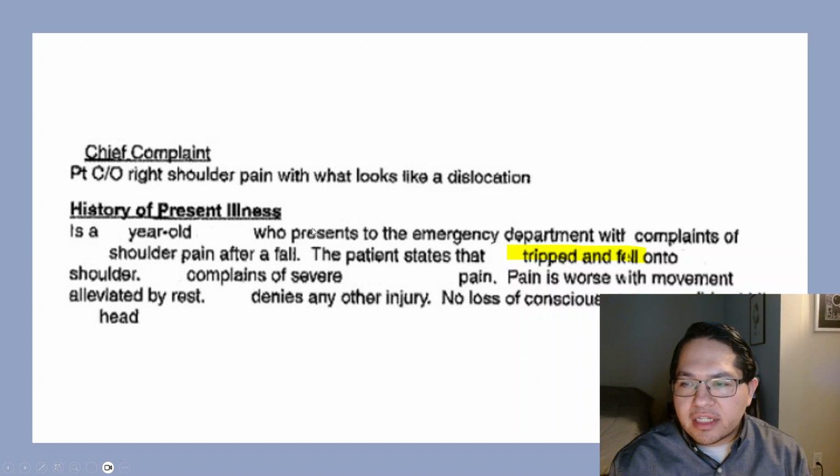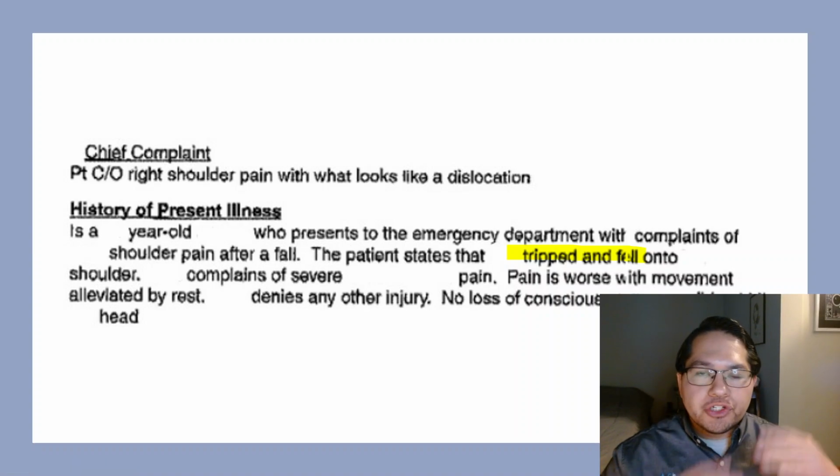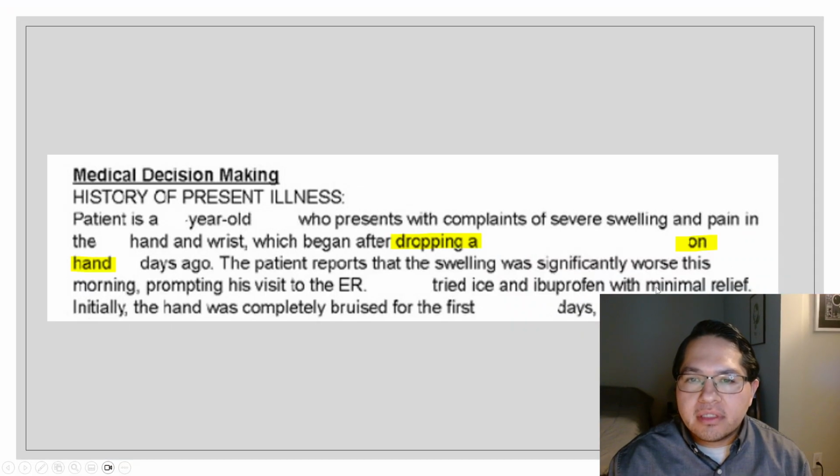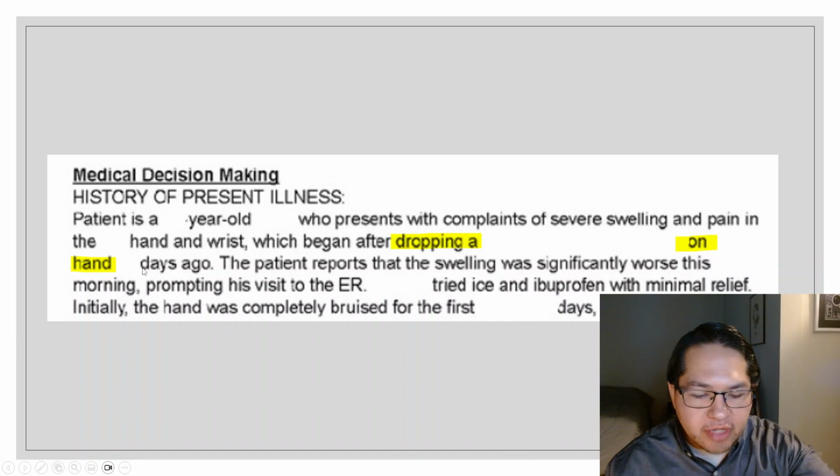So on the notes, this is what you want to look for. "Patient states that he or she tripped and fell onto shoulder." That's a description of an accident where you were in motion and you hurt yourself, tripped and fell, and that's why you're being seen. Next one: "which began after dropping a blank on their hand a few days ago."